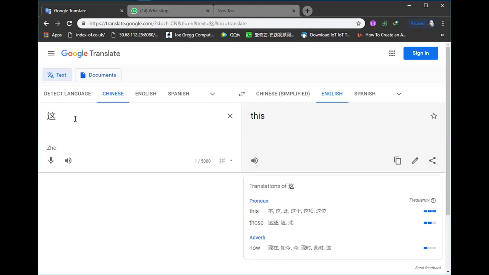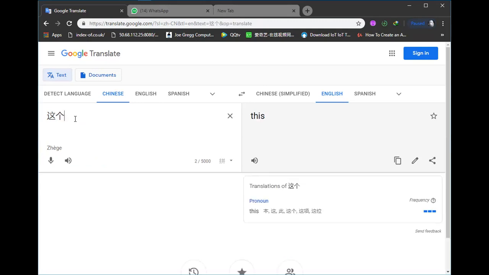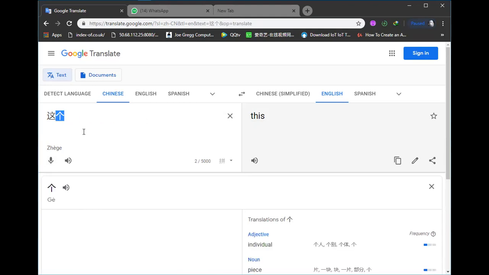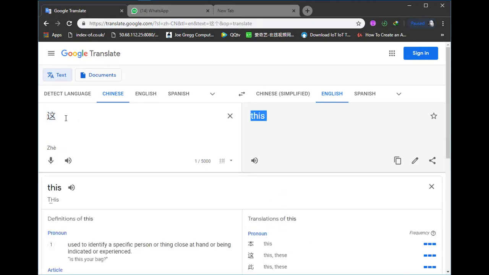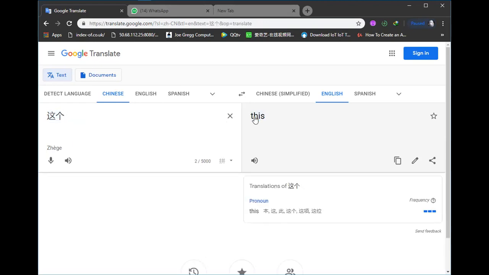星期. And what's our measure word? The measure word is ge. So we have 这个. Remember what I said: when you see ge, it will not change anything. We said 这, the translation is this, and then you say 这个. We're still pointing at the same thing, but it doesn't change.